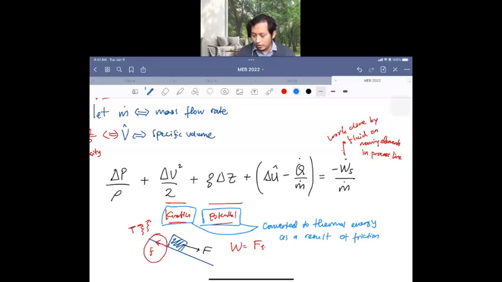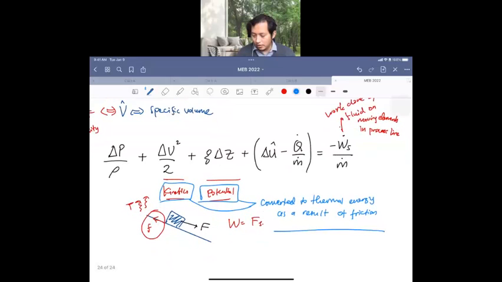The friction of the fluid, because if you imagine this is a pipe, we have a fluid here, right? Then the friction between the fluid and the pipe will increase the thermal energy when the fluid is moving, okay?